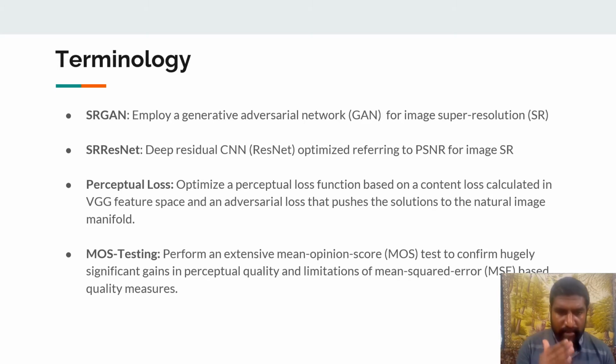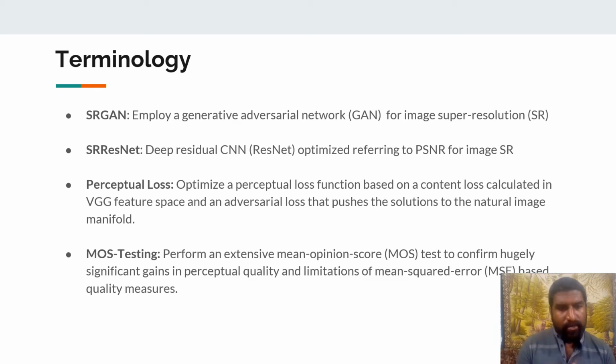Now here you might also come across the concept of perceptual loss, where perceptual loss is a loss function designed based on the content loss calculated in a VGG feature space, as well as an adversarial loss, which is a discriminative function which compares the super resolution image to the ground truth or the natural image.